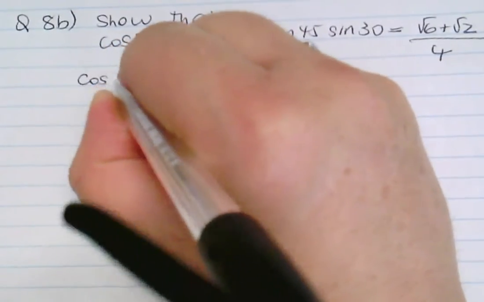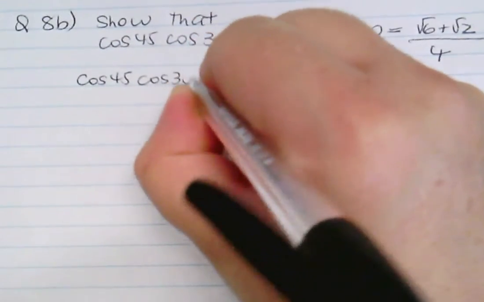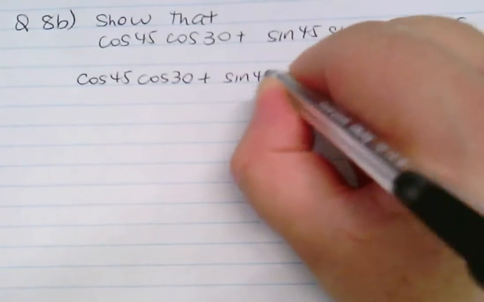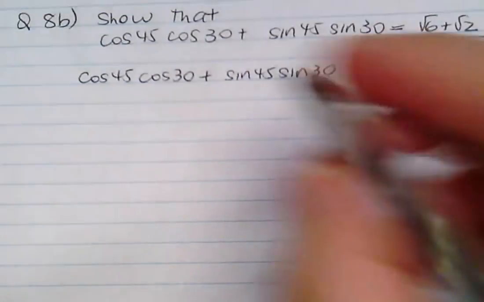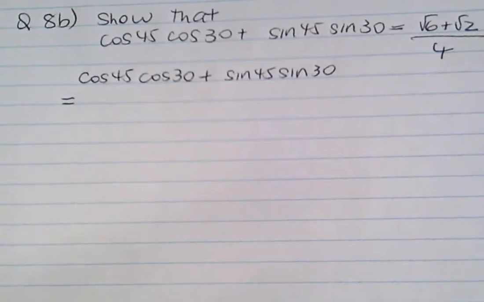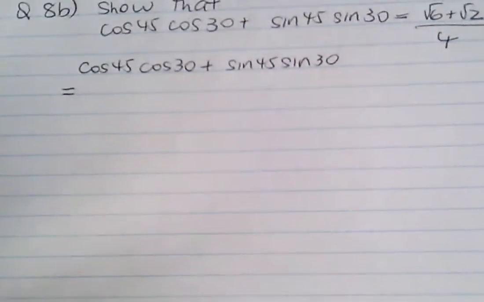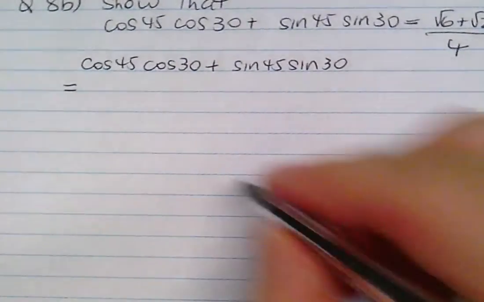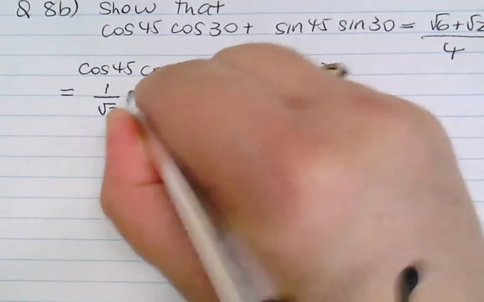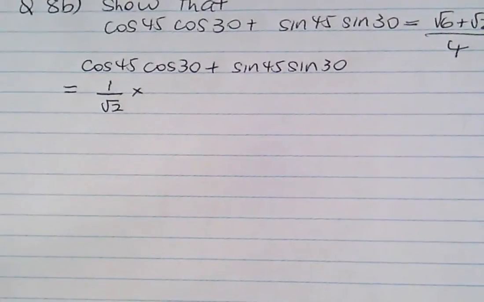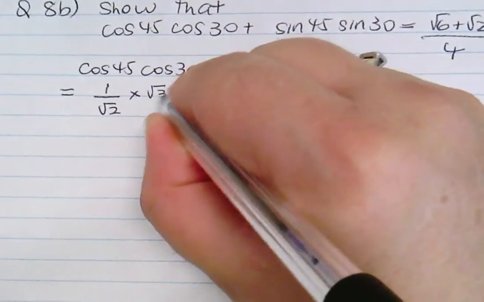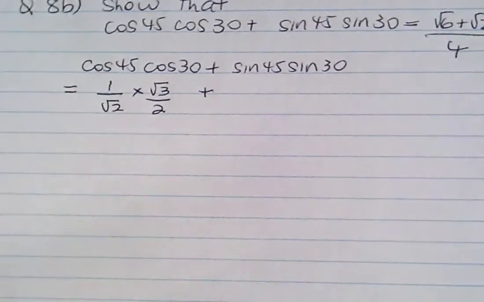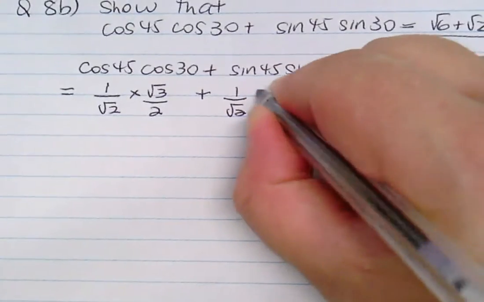It says to show that cos 45 times cos 30 plus sine 45 times sine 30 equals that on the right. What's cos 45? 1 over root 2. Cos 30 is root 3 over 2, plus sine 45 is 1 over root 2.